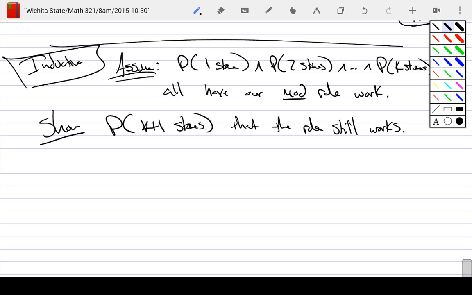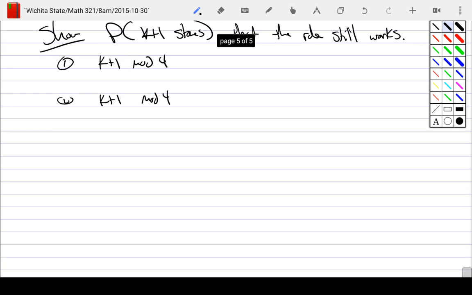What is the rule? The rule says take the mod and then check the answer. Well, if I take the mod, we actually have 4 cases. k plus 1 mod 4 has 4 possibilities.